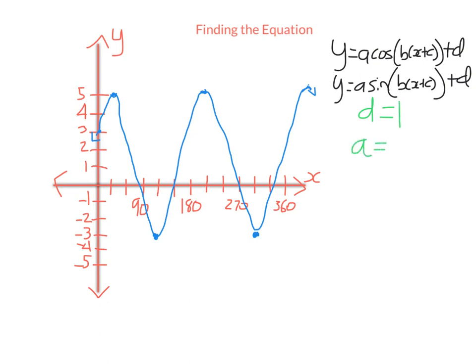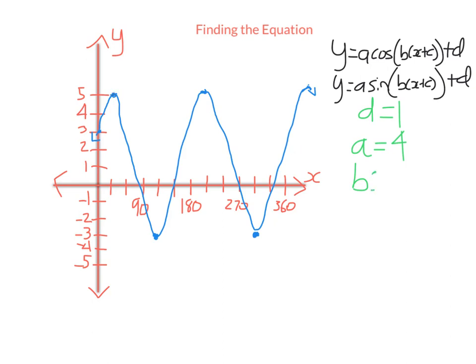The amplitude is the distance from the midline to the maximum. So from 1 to 5, it's 4. A here is equal to 4. So to find b, we can use the fact that 360 over b is equal to the period. So the period, remember, is the distance between maximums.